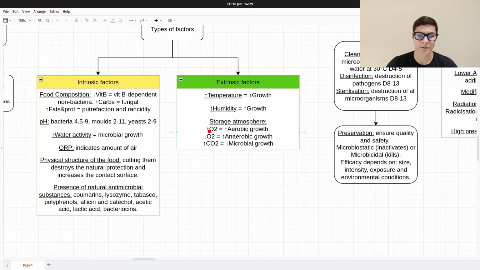And yes, if there is high amount of oxygen, the aerobic growth will start to increase, and the reverse happens. If there is low amount of oxygen, the anaerobic bacteria will start to grow. And then if there is high CO2 in the air, well, microbial growth will be lower.